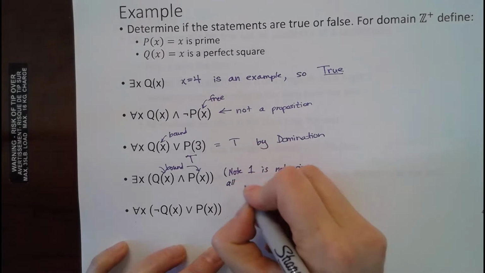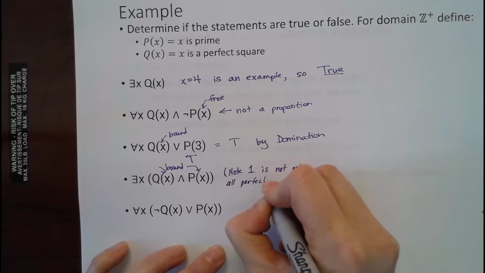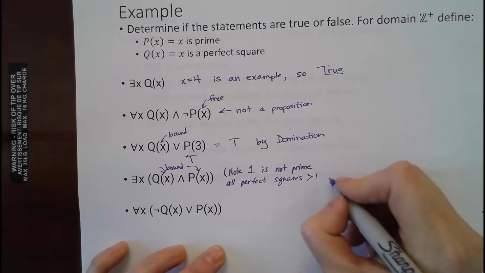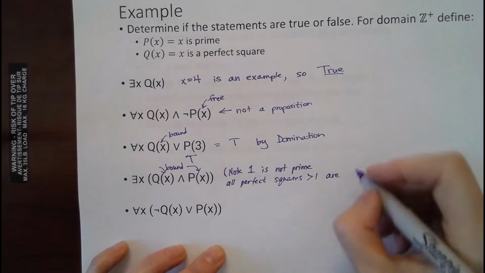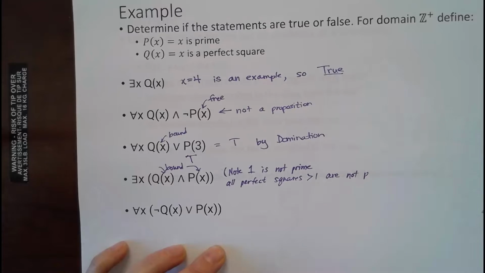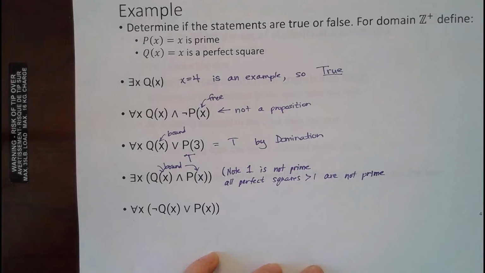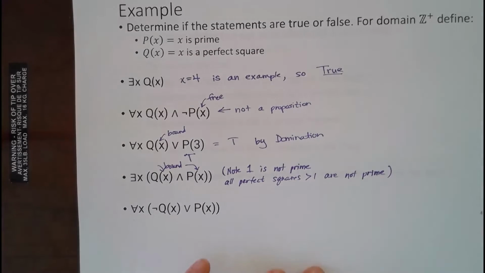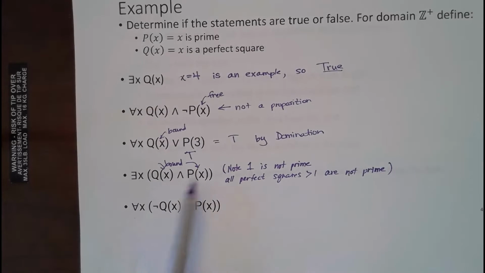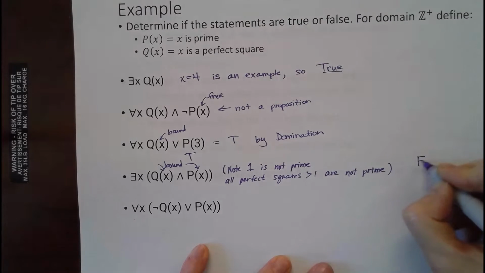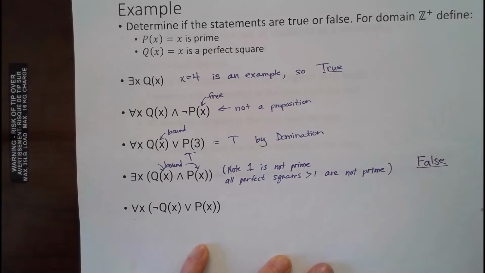And then all perfect squares greater than 1 are also not prime because clearly they have a factor other than themselves. So, does there exist a number that's both of these? No, there's no possible way for me to find one, so false.